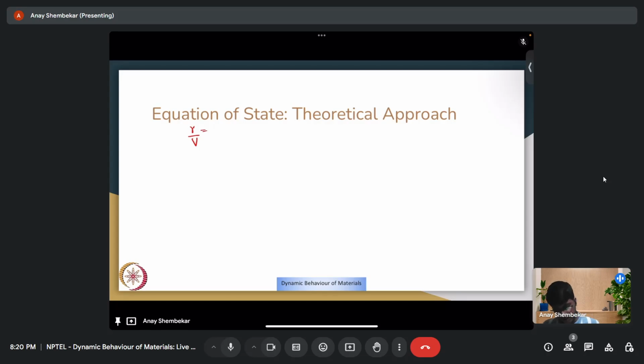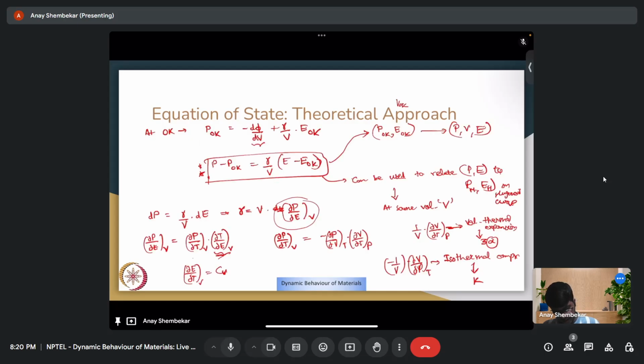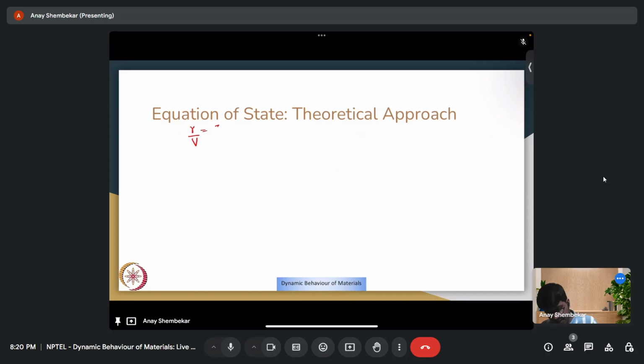Gamma by V is nothing but the partial derivative of E with respect to V. So if I put together all these terms, this looks like 3 alpha, specific heat and isothermal compressibility. So this gives you a nice estimate. Another is an empirical relation: gamma is approximately 2s minus 1.